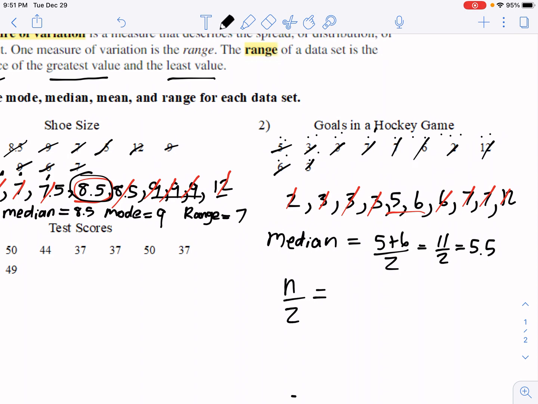So if I take 10 divided by 2, that's 5. So count to 5 places. 1, 2, 3, 4, 5. Notice, that's one of our middle numbers, right? Take that number and the number that follows right after it, add those two together and divide by 2, and we still get the same answer of 5.5. So that's just another way that we can approach this in order to find the median.